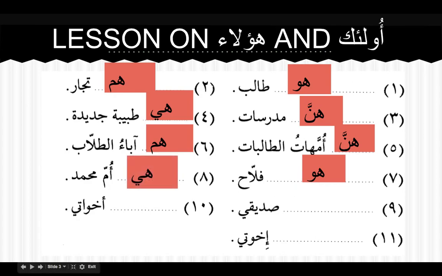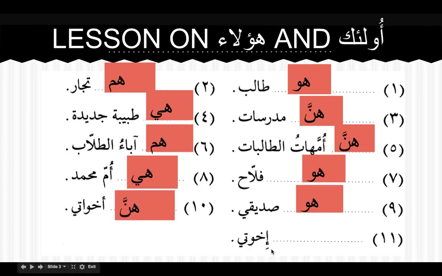Ummu Muhammadin, hiya ummu Muhammadin, mudaf ilayhi. So we got sadiqu plus ya mutakallim, mudaf ilayhi. So it's a singular, so it will be huwa sadiqi. Akhawati. So if you see ati is a feminine, so it will be akhawati is hunna, my sisters.